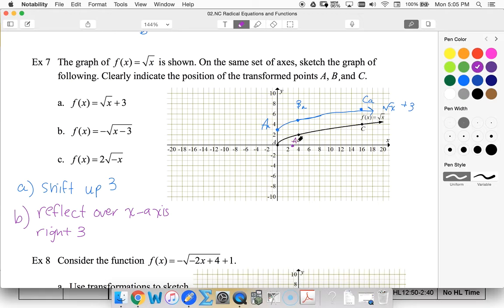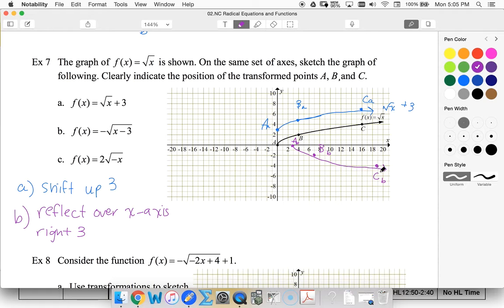So that's going to be a sub little b. B reflects over and then moves to the right 3. C is going to reflect over, so I'm going to be down at negative 4 and then move to the right 3. So that's c sub b. And here I have b sub b.